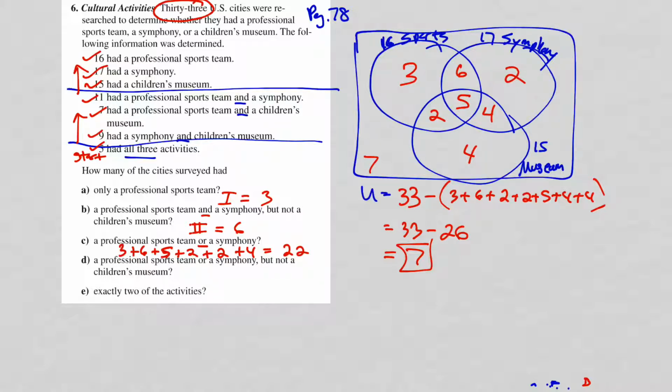Next, we have a professional sports team or symphony, but not a children's museum. So again, or, that's going to be a union between both circles.